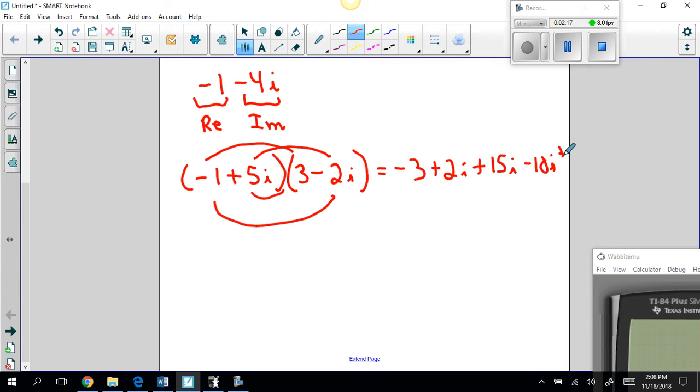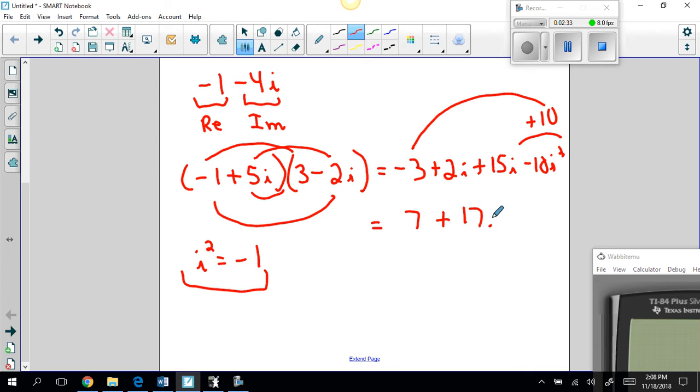But then you have to remember i squared equals -1. I'll go back and talk about that in a second. But anyway, this is actually plus 10. And therefore, 7 plus 17i is the product of my two complex numbers.